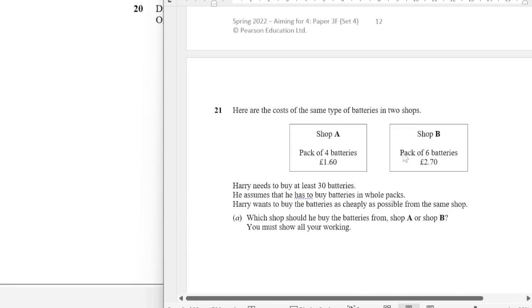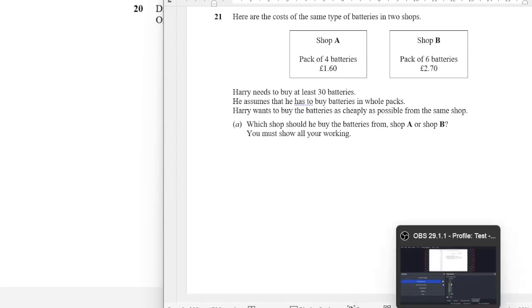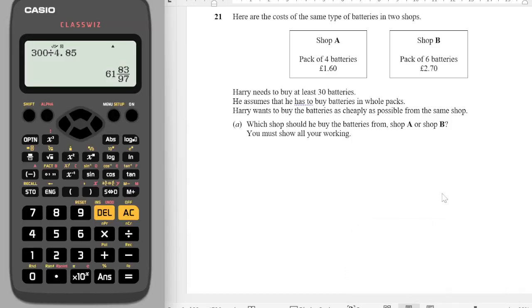Okay, question 21 then. It's a very similar question to one that I've just done on a predicted paper. Harry needs to buy at least 30 batteries. He assumes he buys batteries in whole packs. He wants batteries as cheaply as possible.